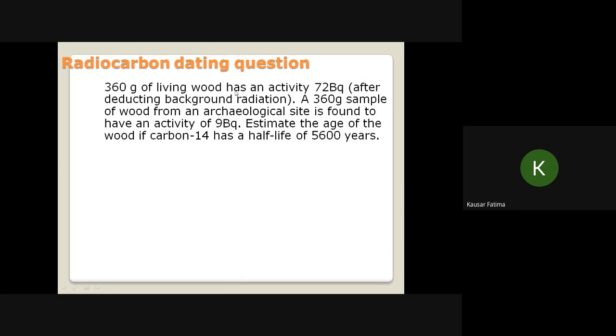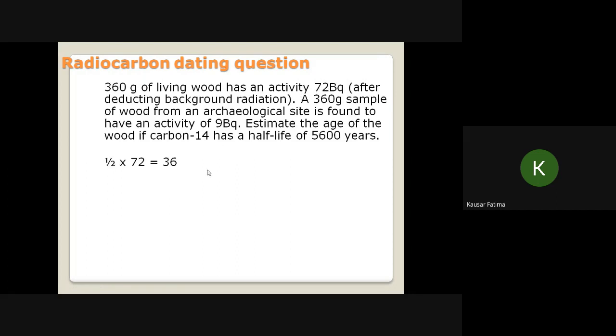Living wood has a greater disintegration rate because it has more carbon-14, and dead organic matter has only 9 becquerel. Estimate the age of the wood if carbon-14 has a half-life of 5,600 years. So we can check how many half-lives would have passed.